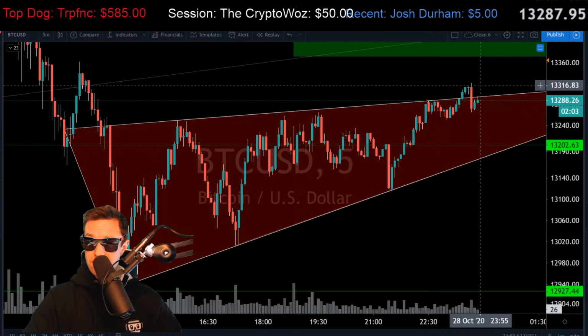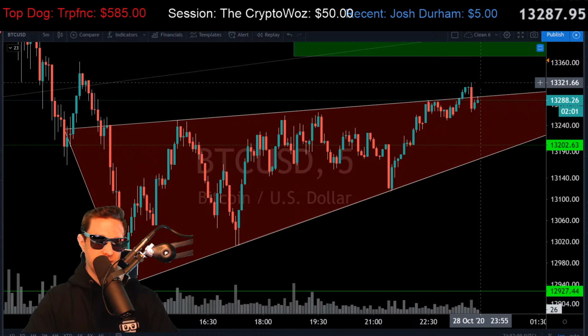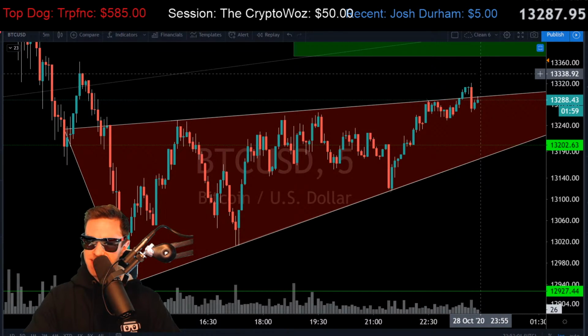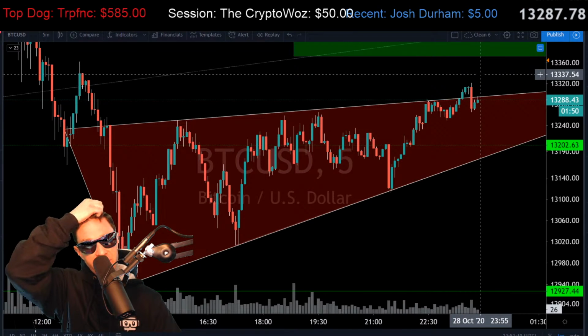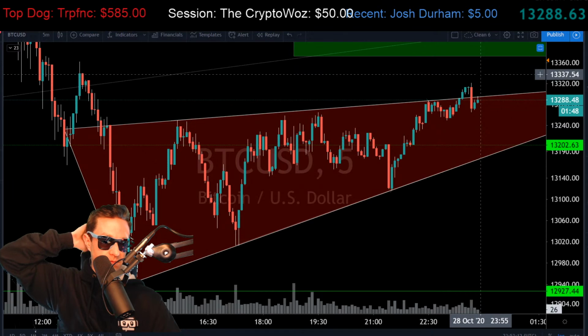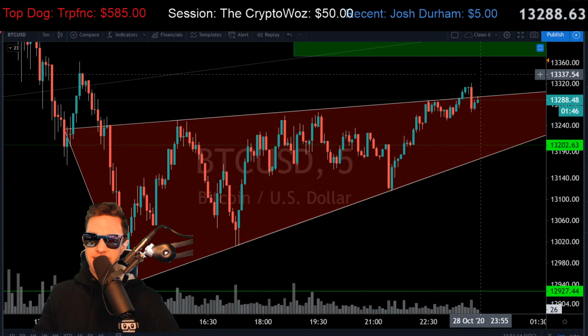But yeah, alts are not likely to be putting in significant gains, meaning gains in their BTC pair, until Bitcoin dominance reverses. However, even if it doesn't reverse, as long as Bitcoin continues rallying in price, we will expect to see alts either stay sideways in USD value, meaning your alts aren't going to go down.